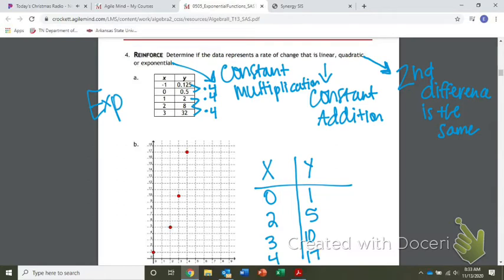Y'all see where I got those points from? Okay. From 1 to 5, what's it doing? It's adding 4. From 5 to 10, it's adding 5. From 10 to 17, it's adding 7.